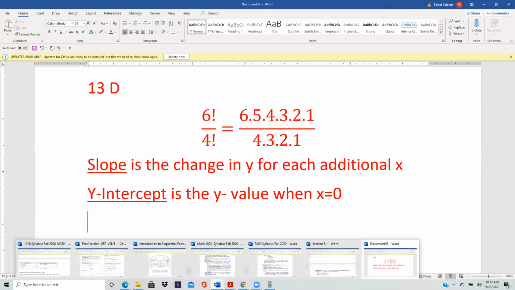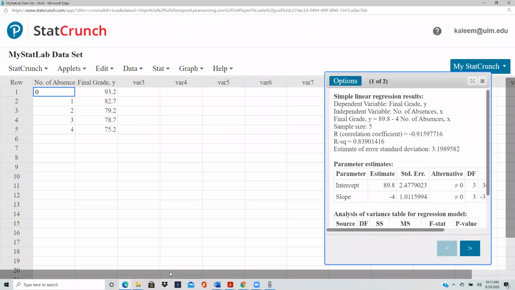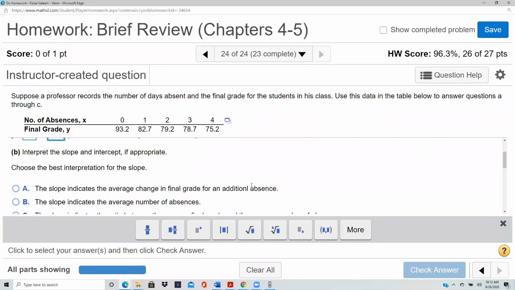Okay, so let's go back. So change in y for each additional x. So in this case, y is the final grade. So it will be the change in final grade for each additional absence.